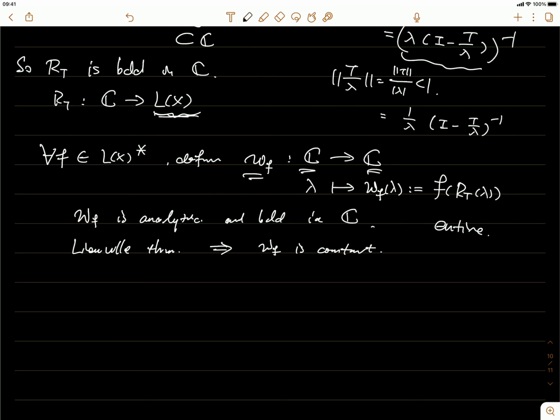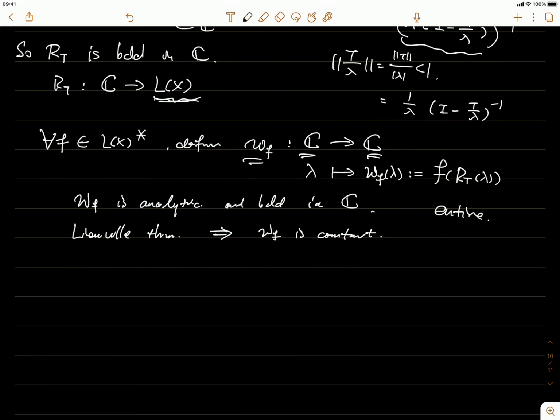It doesn't matter what this lambda is, you always get the same value right here. And that means this must be a constant. Because if it is not a constant, say RT of lambda 1 is different from RT of lambda 2, then we can always find some linear functional that can distinguish these two points.